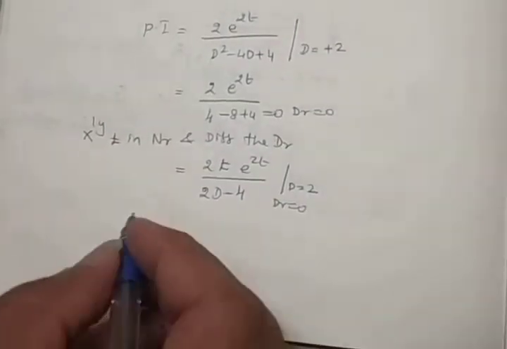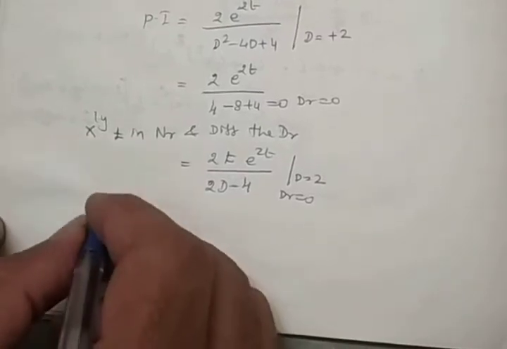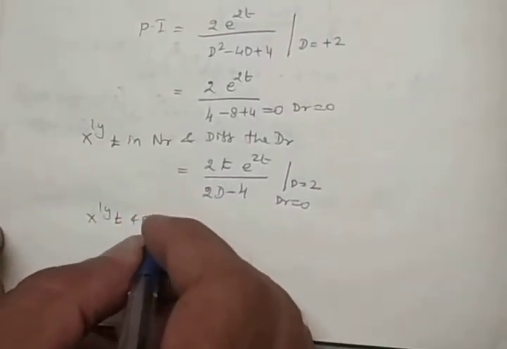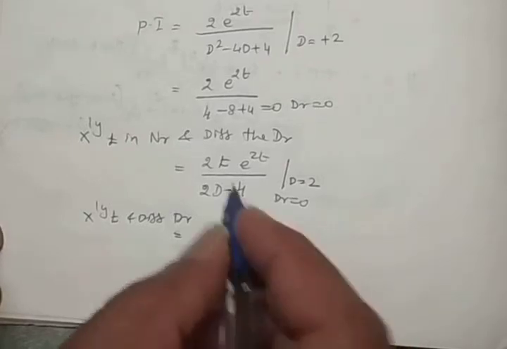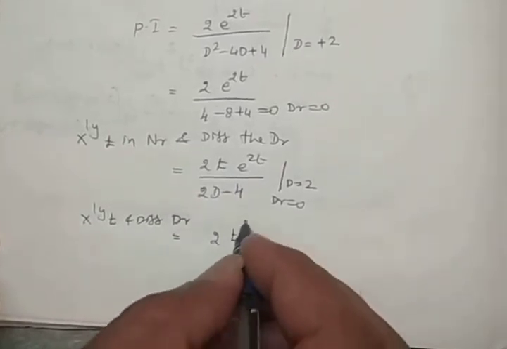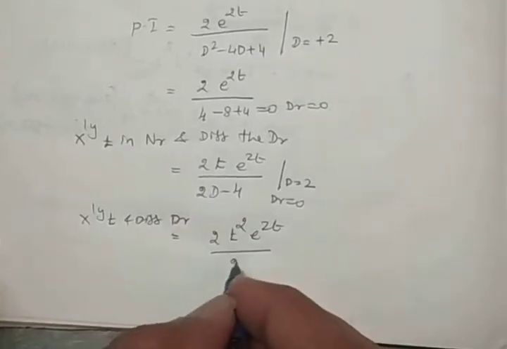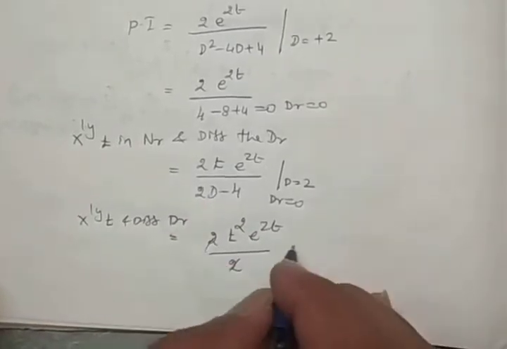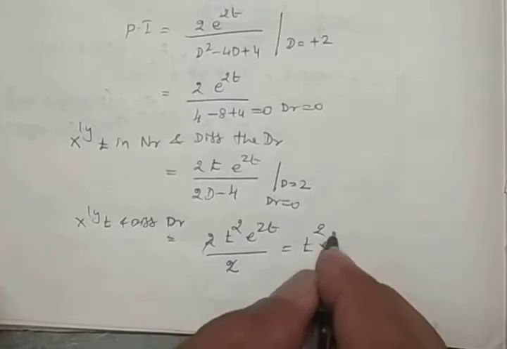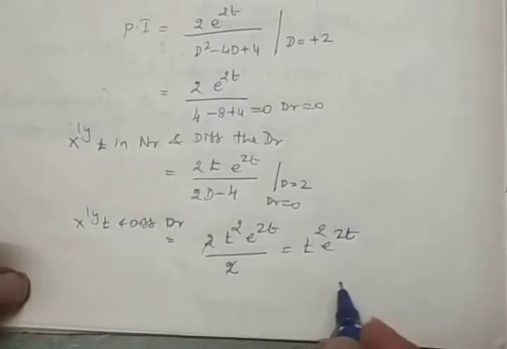So what must we do? Same thing: multiply t and differentiate the denominator. So what we get? 2 times t square into e power 2t by the differentiation of this one, which is 2. The 2 gets cancelled, so t square into e power 2t. So the answer is what?